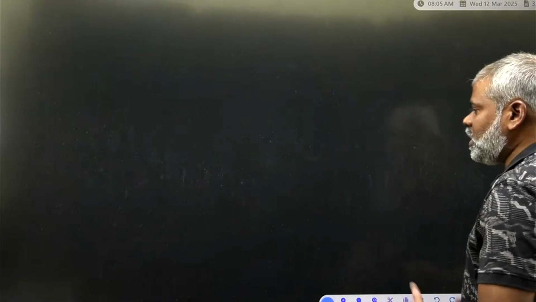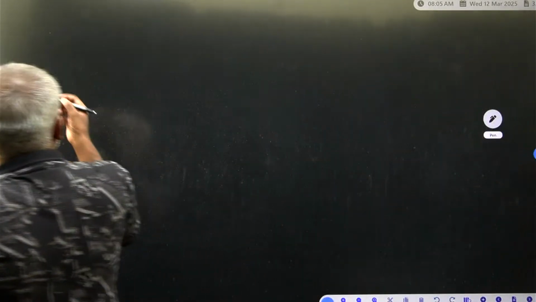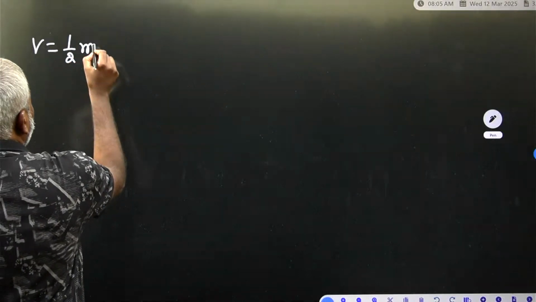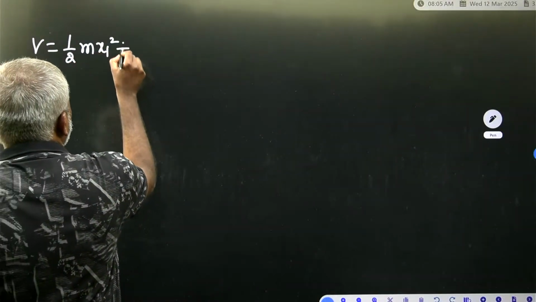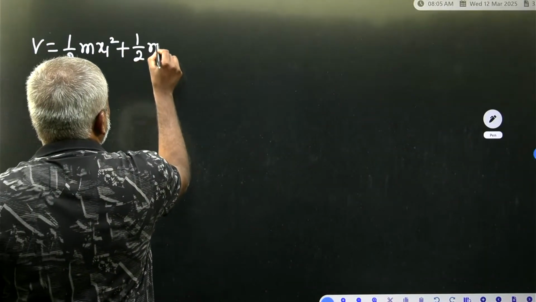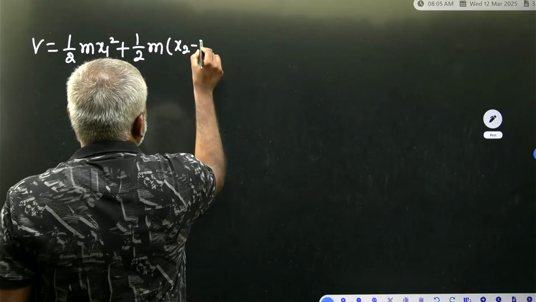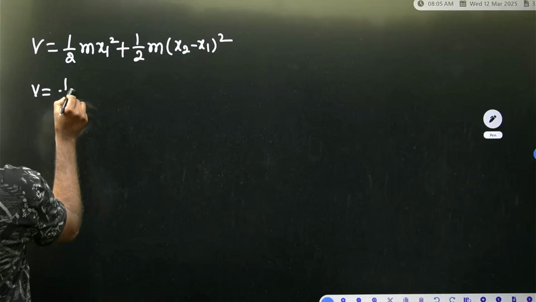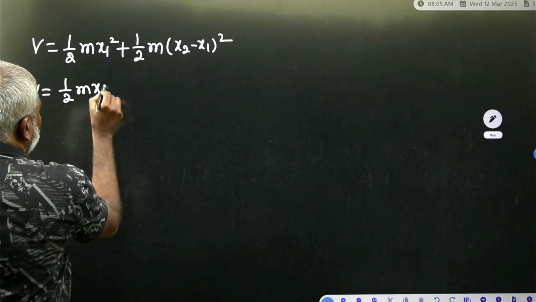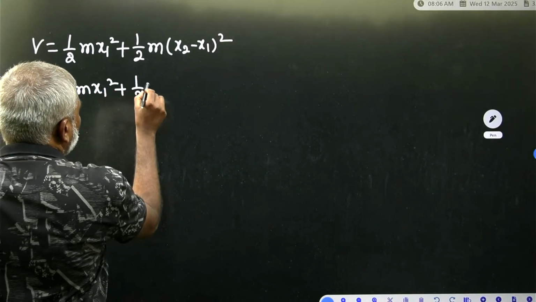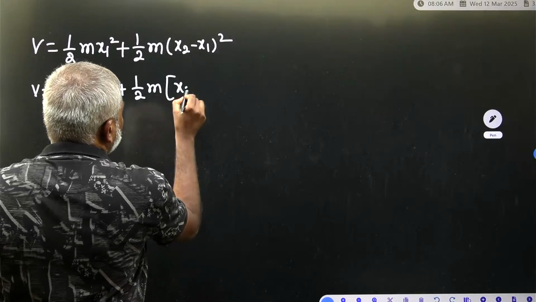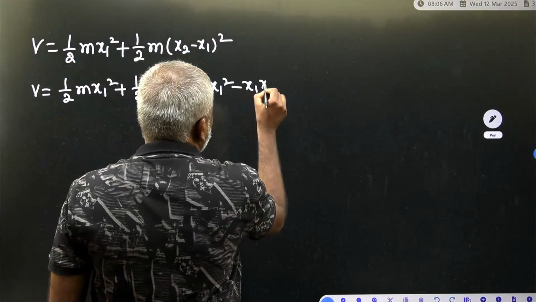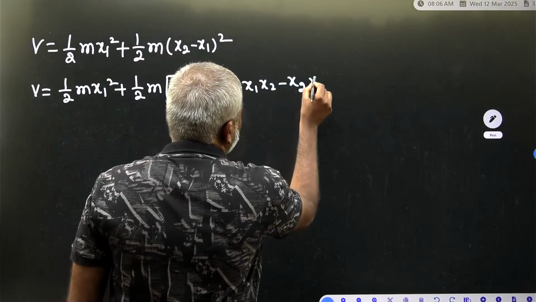Now take the potential energy. V is equal to 1 by 2 k x1 square plus 1 by 2 k (x2 minus x1) whole square. We write this as 1 by 2 k x1 square plus 1 by 2 k into x2 square plus x1 square minus x1 x2 minus x2 x1.